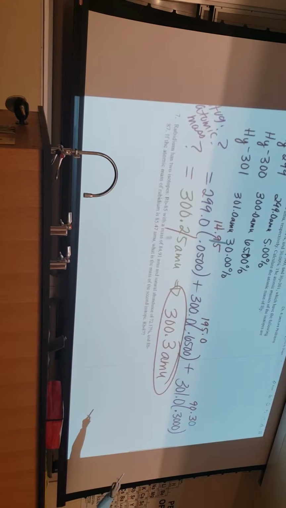This is the number that you'll see in red if this hypothetical element was on the periodic table. So it's a weighted average. Notice the masses are really close to each other, but the percentage makes the difference. It's like your grade.